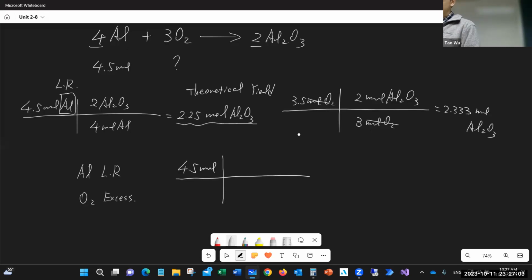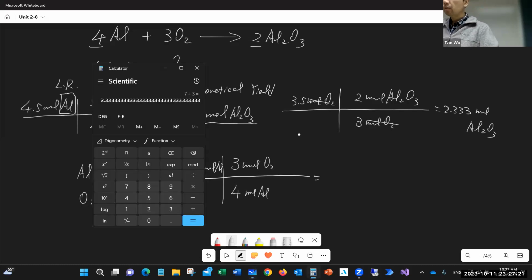So based on this 4.5 moles of aluminum, 4 moles of aluminum will react with 3 moles of oxygen. So in this case, we figure out how much oxygen can be used if we use up all the aluminum.